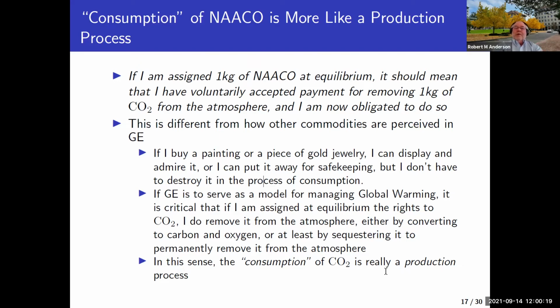If I buy a painting or a piece of gold jewelry, I don't have to destroy it. I can display it and admire it, or put it away in a vault. But it's really critical that if I accept some NACO, I actually do destroy it. I really have to get it out of the atmosphere. So the consumption of CO2 is really a production process.